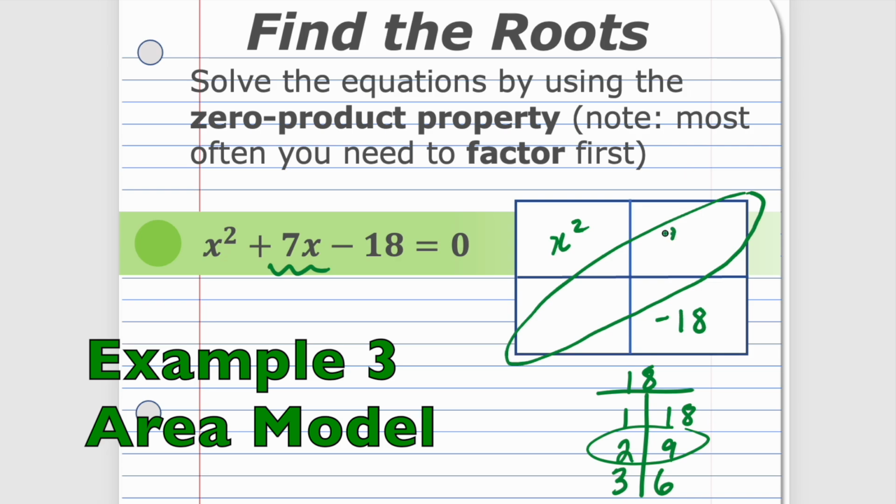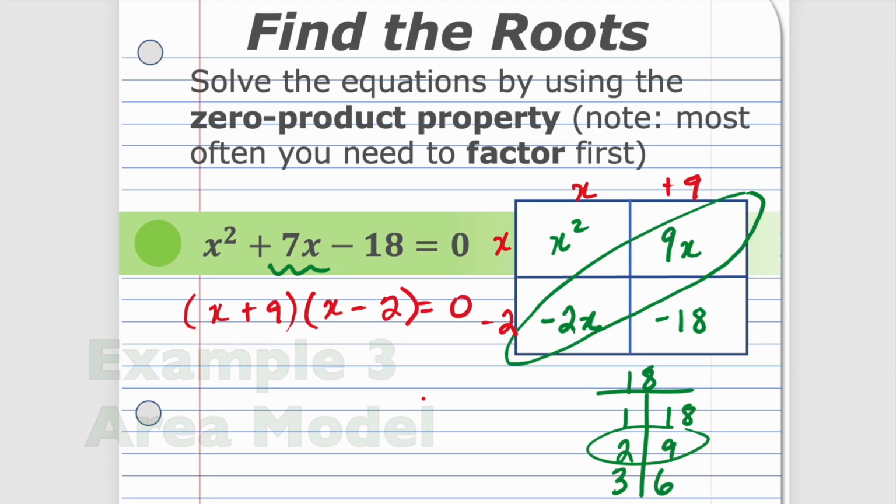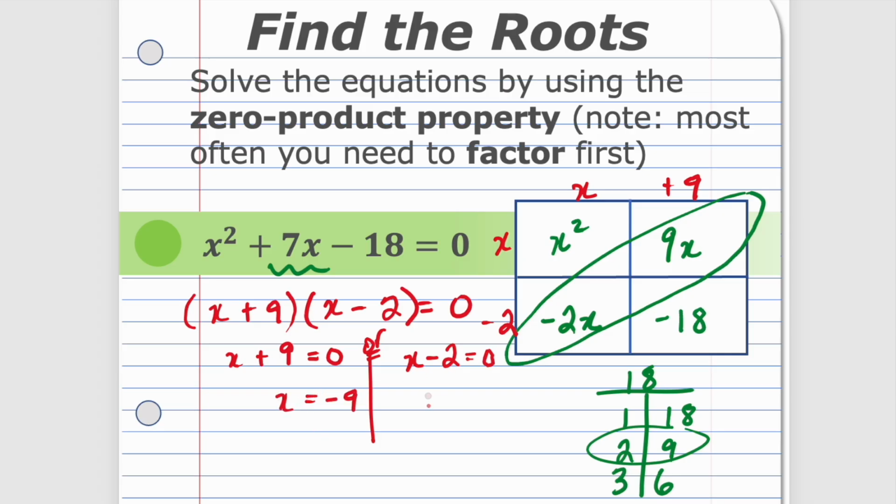And we can say that we need a positive 9x and a negative 2x. Our factors are x minus 2 and x plus 9. x plus 9, x minus 2 equals 0. x plus 9 is equal to 0, or x minus 2 is equal to 0. x equals negative 9, or x equals 2. Two answers.